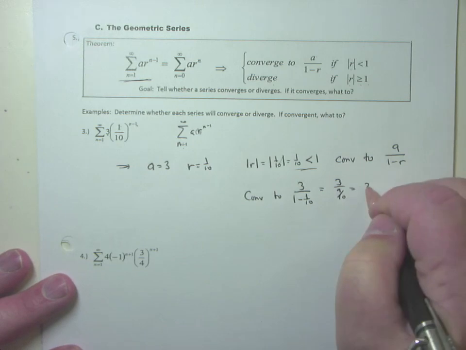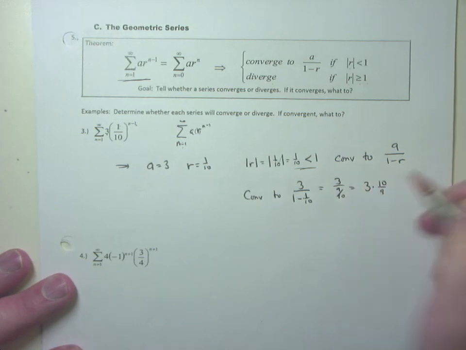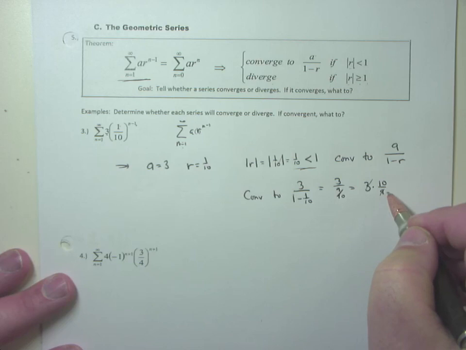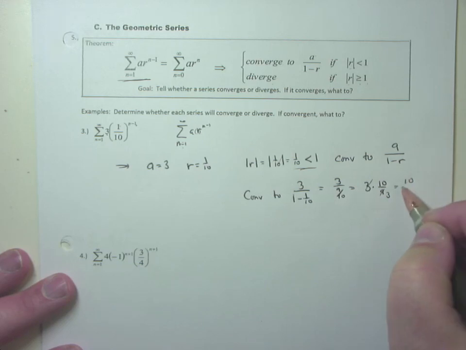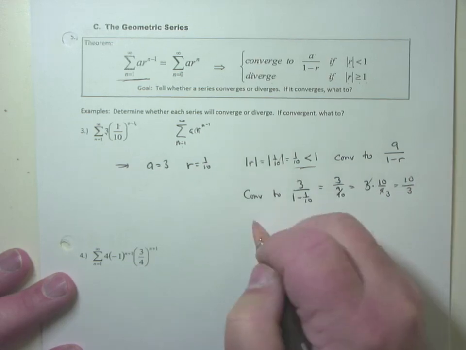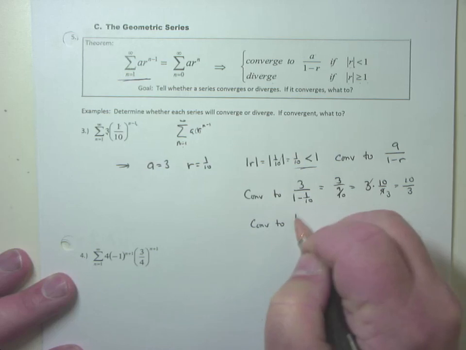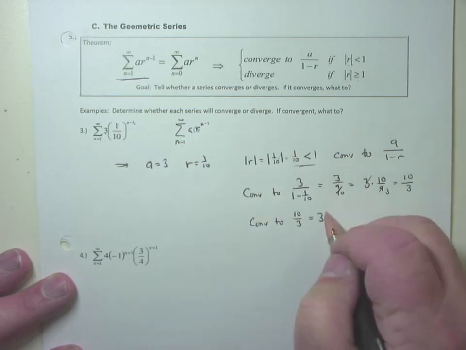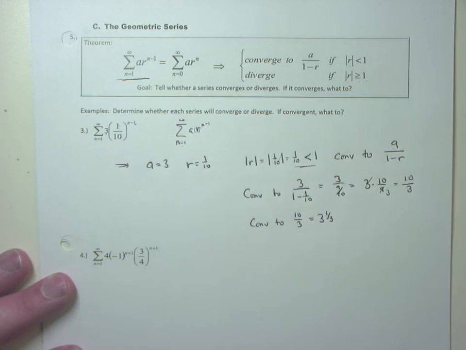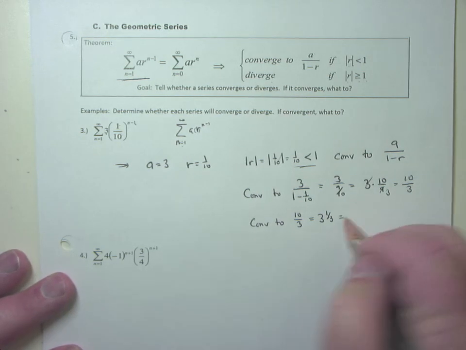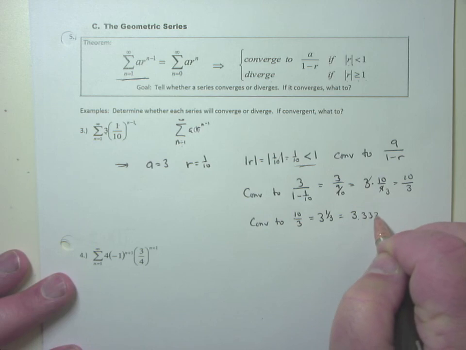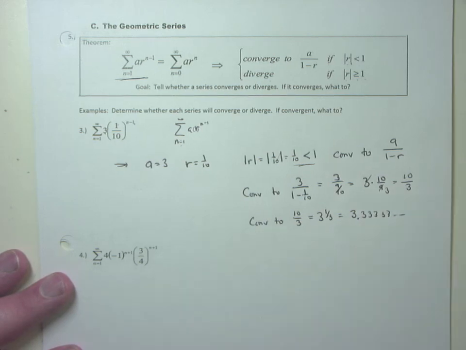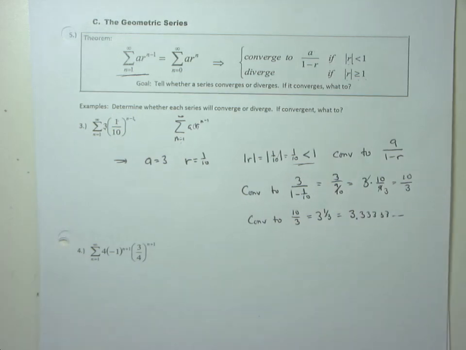This would be 3 times 10 over 9. 3 goes into 9 3 times. This is 10 over 3. So it converges to 10 over 3, but 10 over 3 is the same thing as 3 1/3, if you think about it. Or for you decimal fans out there, 3.33333.